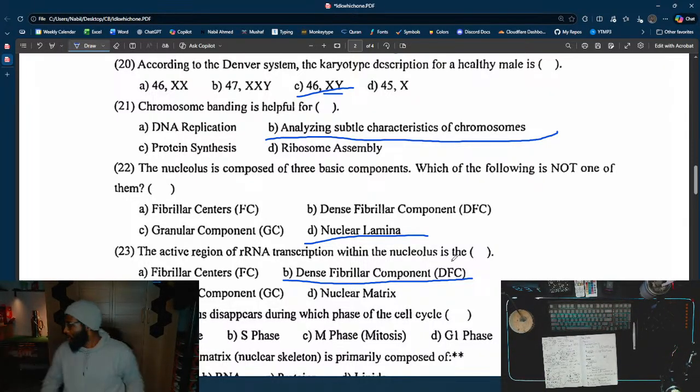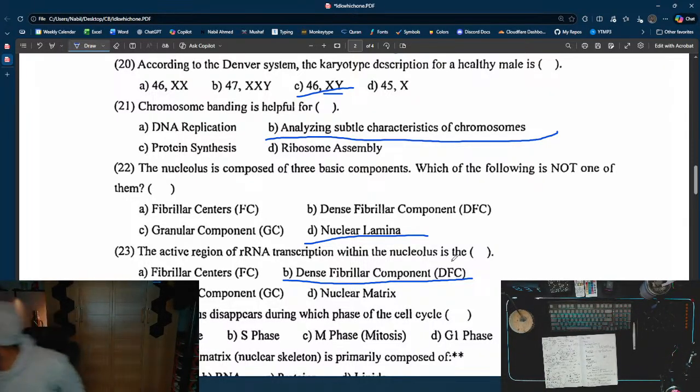So let me find the exam paper that I had.